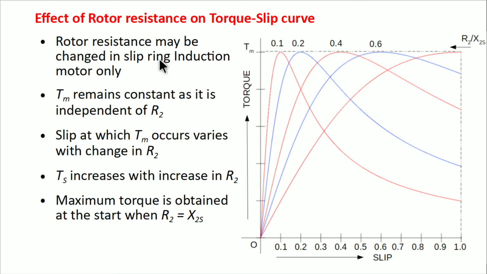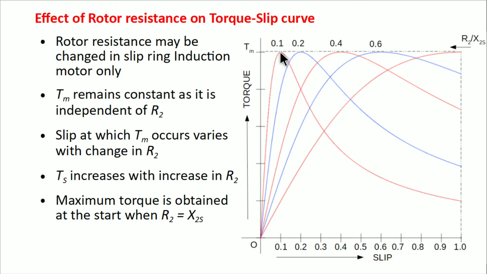If we increase the resistance of the rotor, what will happen? In the previous case we have assumed that the resistance of the rotor is 0.1 ohm and the reactance is 1 ohm. The ratio is 0.1 over 1.1.